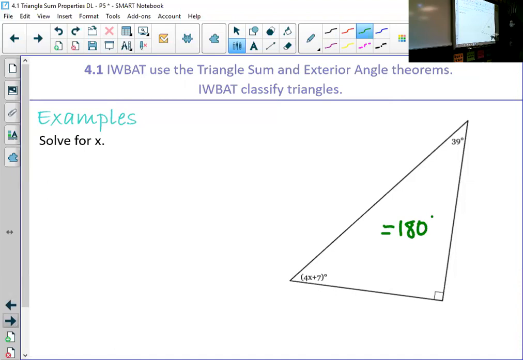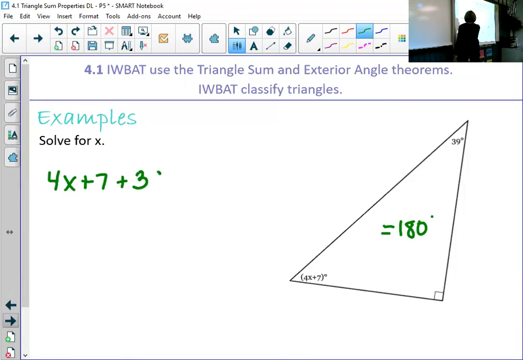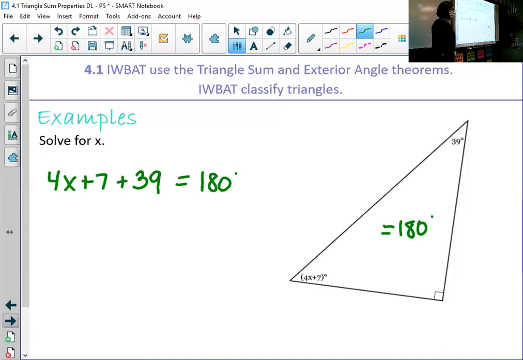So let's take them and start listing them out. So one of my angles is 4x plus 7. Another angle is 39 degrees. Can I do this? No. What did I forget? I just did 2 angles added together.